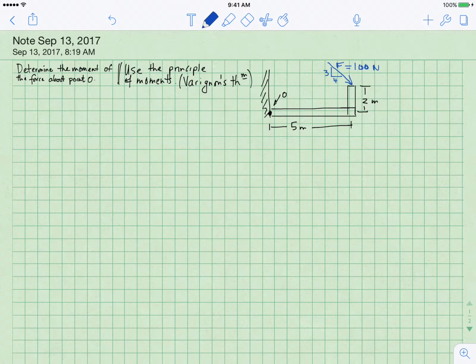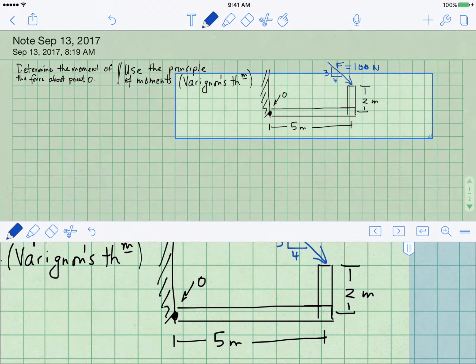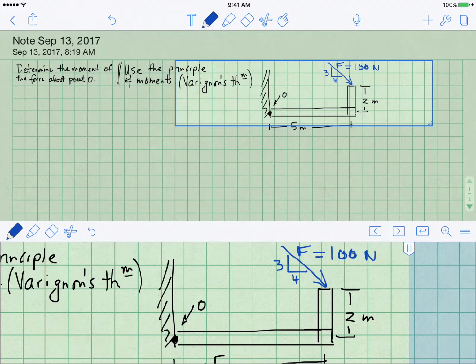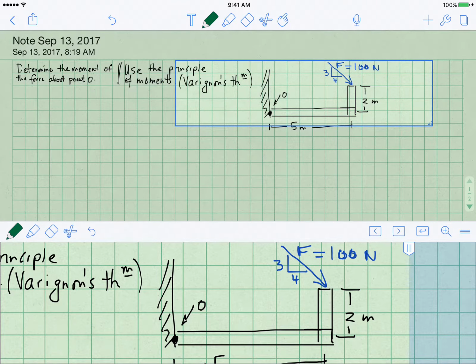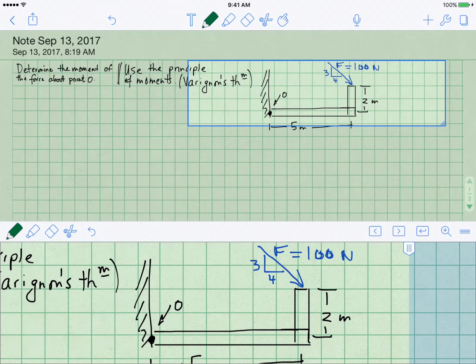So there's two ways we can go about it. We're going to do both ways, and we're just going to work this problem a little bit slowly. So first of all, remember that the moment of a force corresponds to the action, or I guess the effect of the force on the point O. And in order to figure that out, you have to write a vector that connects the point you're thinking about to the line of action.